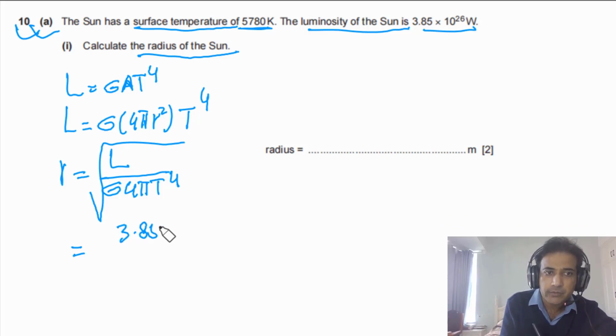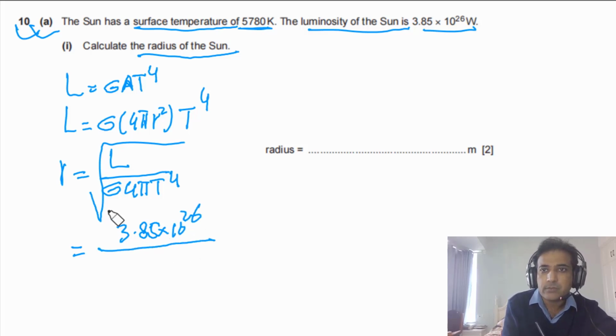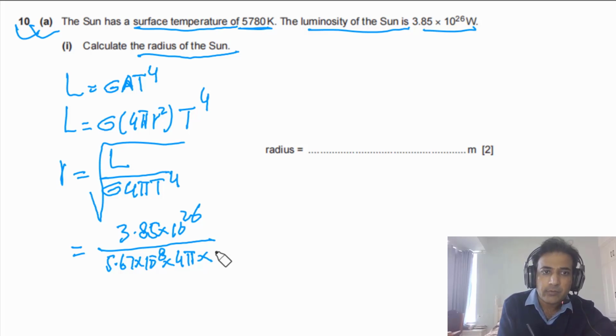Now simply plug in values. Luminosity is 3.85 times 10 to 26, divided by sigma, which is 5.67 times 10 to minus 8, times 4 pi, and the temperature, which has to be in kelvin, is 5780.